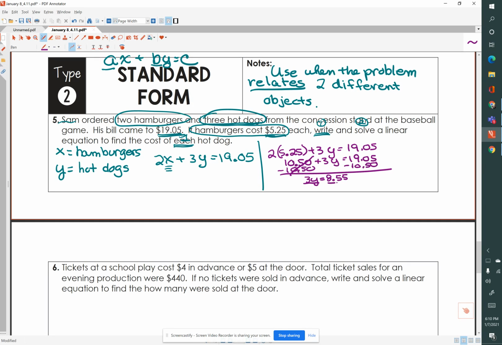Then I'm going to divide both sides of the equation by 3, and y will equal $2.85. And that is the cost of each hot dog. And hot dogs are always a little bit cheaper than hamburgers, at least in my experience.